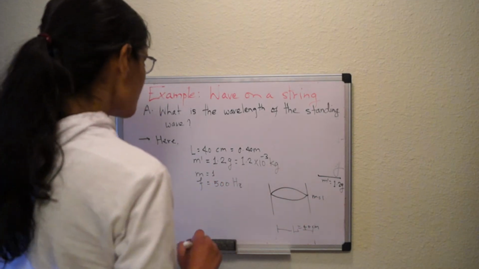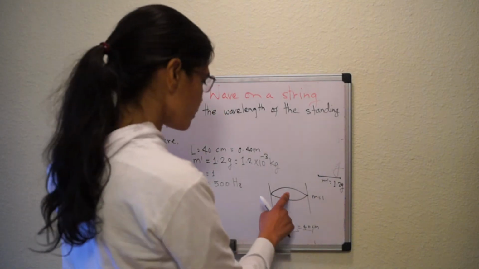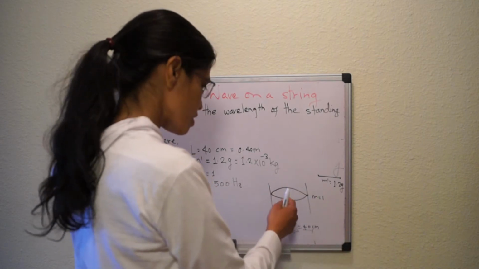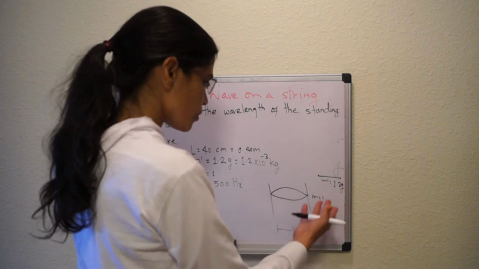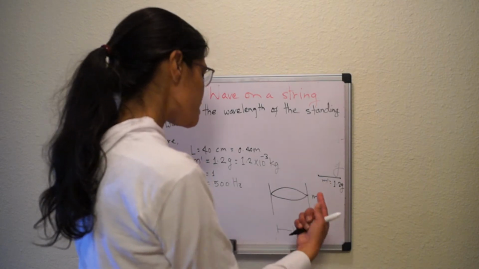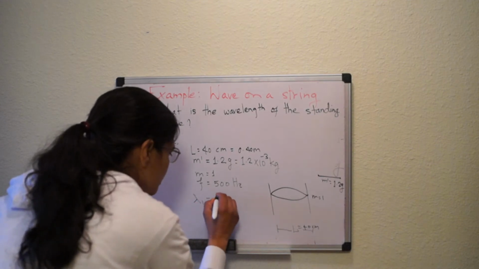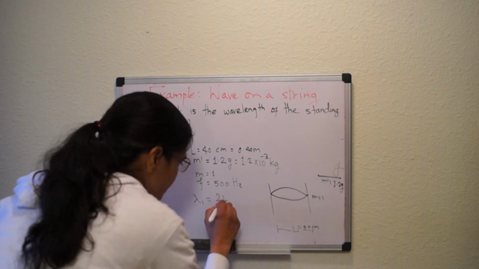Okay. So now how do we find the wavelength? You guys already know the wavelength for mode 1 is given by 2 times the length of the string divided by the number of the mode. In this case the number of the mode is 1, so lambda 1 equals 2L divided by m equal to 1.